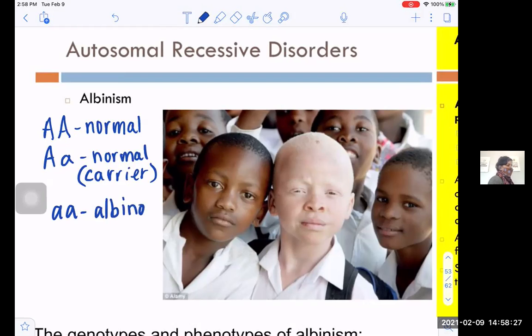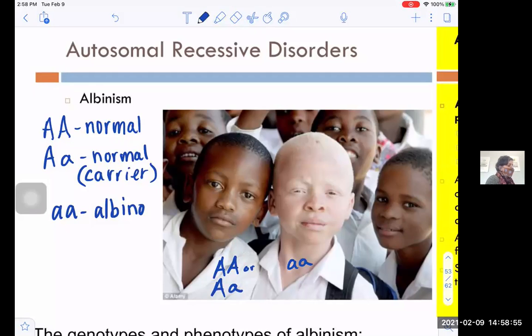So this fella in the middle would be little a, little a. His friends next to him are either homozygous dominant or they might be heterozygous. A lot of times these are rare alleles, but if you're in a community where there's people with albinism, there might be a few people that are carriers that just don't know it yet.